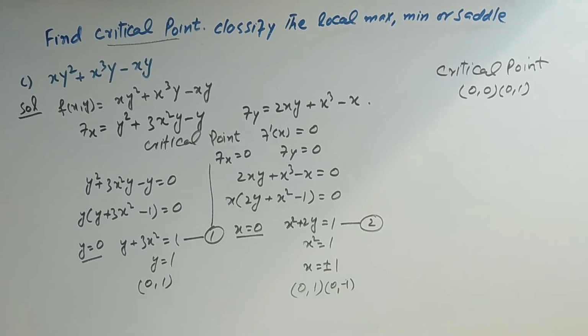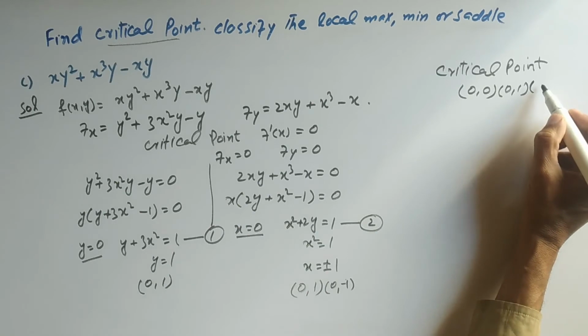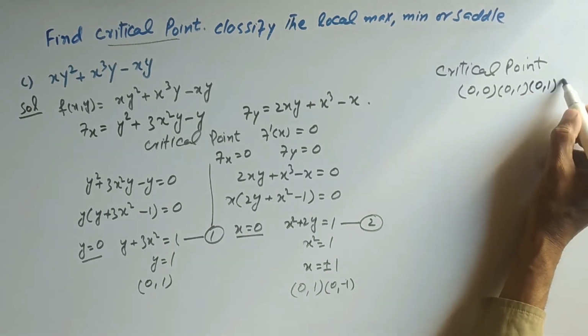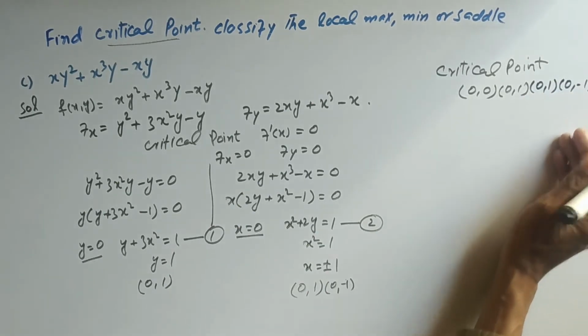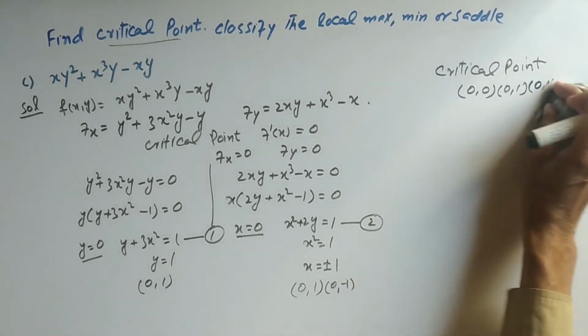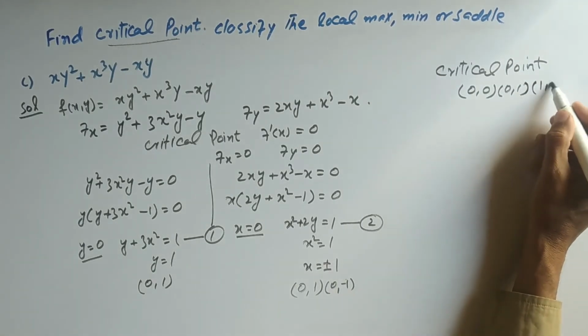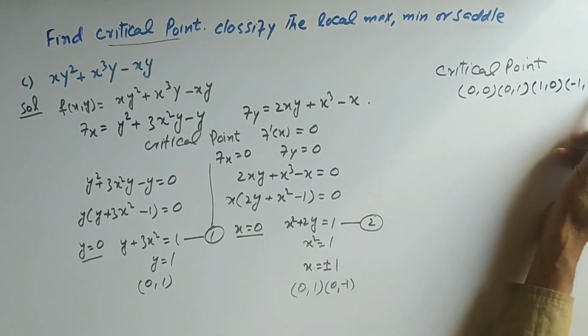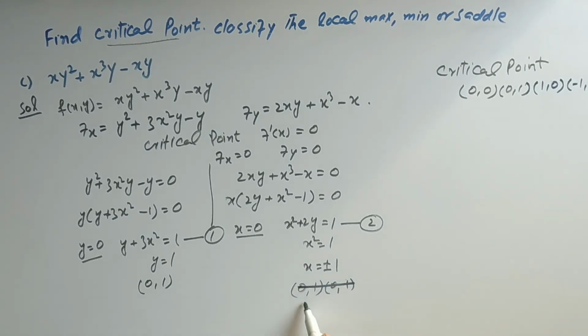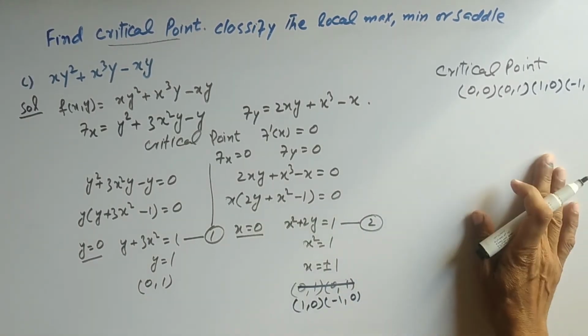These are the two values that have come. Oh sorry, x will be written first. So 1, 0 and minus 1, 0. Now we have 4 critical points.